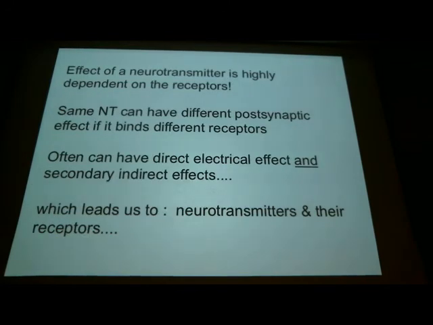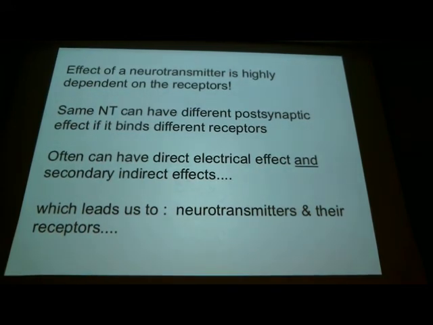And as we started to allude to, this is the last slide of today: the effect of the neurotransmitter really depends on the receptors. Yes, it depends on the neurotransmitter, but as we'll see in the next lecture, the neurotransmitter has partner proteins, the receptors, that are specific for them. A neurotransmitter has a family of receptors, and what those receptors do really determines the effect of the neurotransmitter.